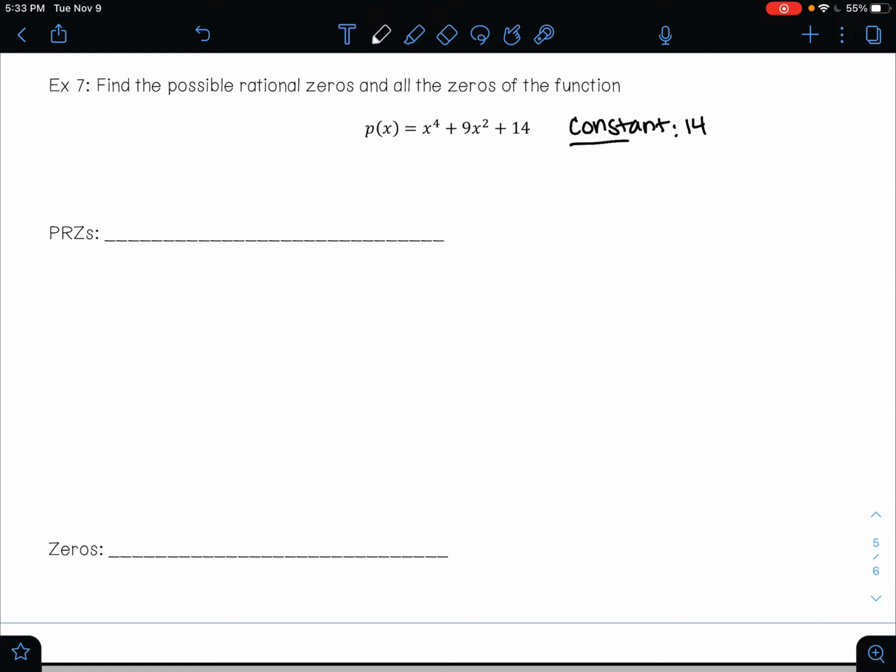Those factors are 1 and 14 and 2 and 7. My leading coefficient is 1. So my possible rational zeros are plus or minus 1, plus or minus 2, plus or minus 7, and plus or minus 14. Now let's check for the zeros in Desmos.